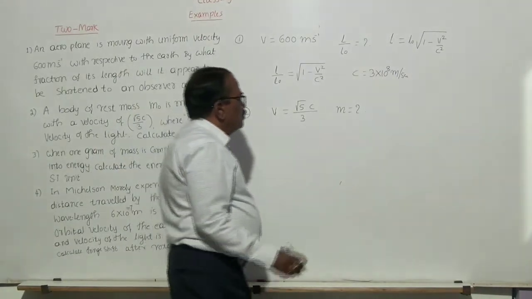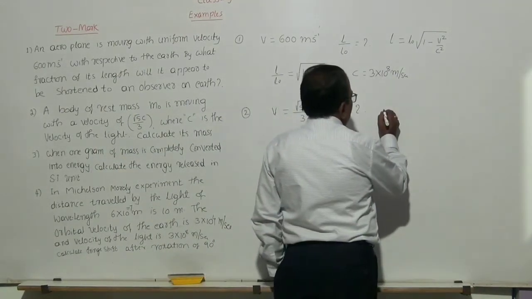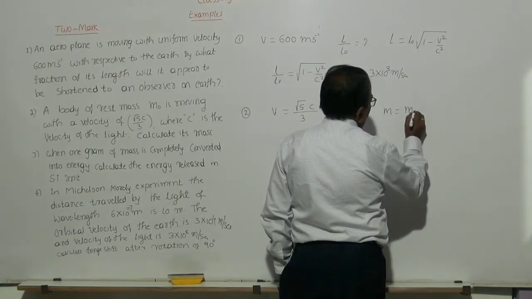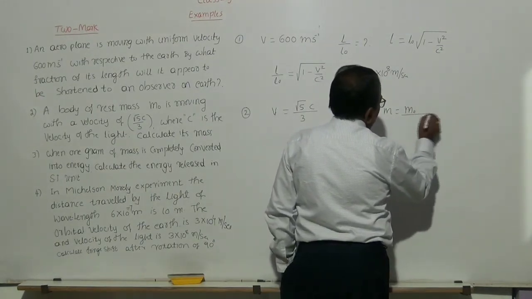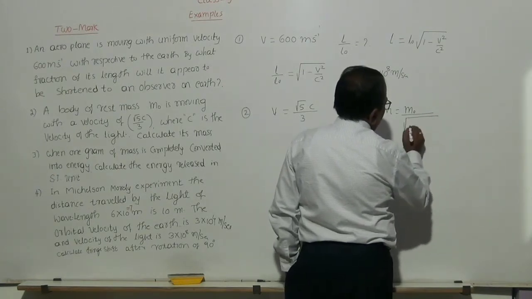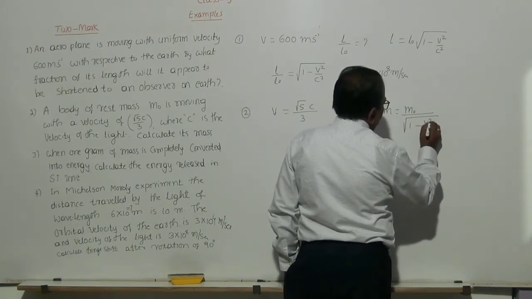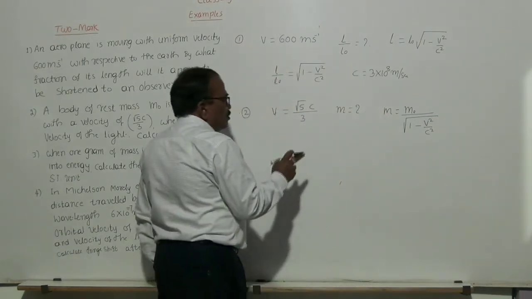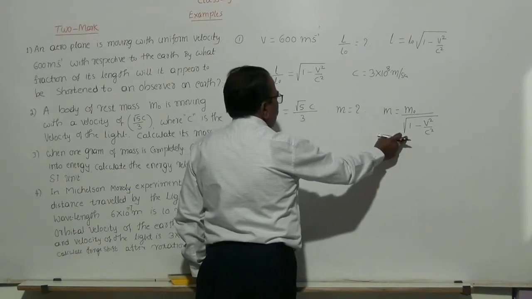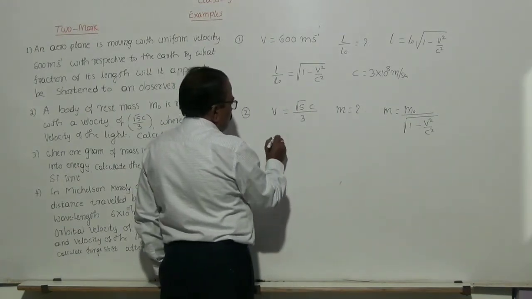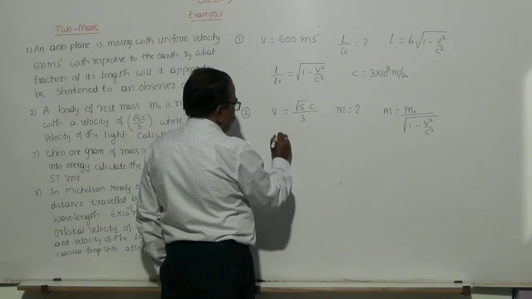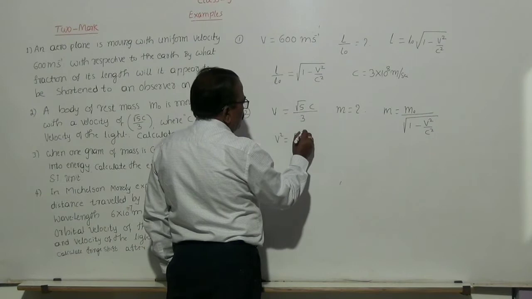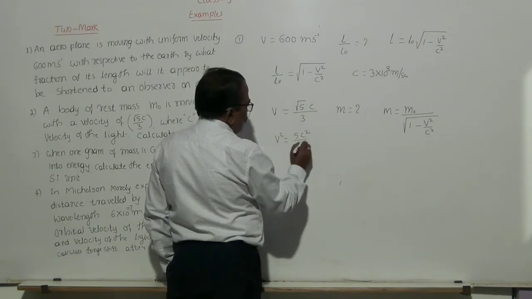Yes, you know that m is equal to m naught upon square root of 1 minus v square upon c square. So first you calculate this one. So your v square is 5c square upon 9.